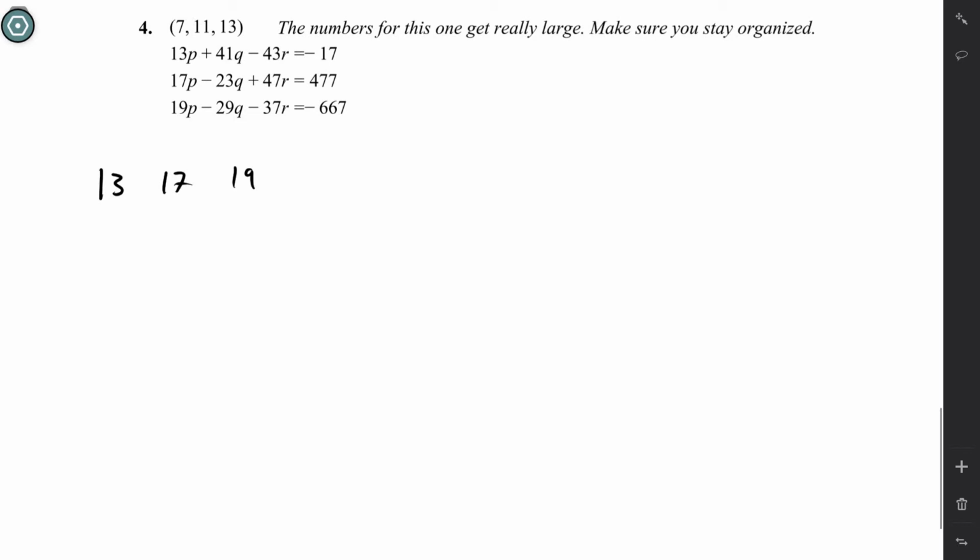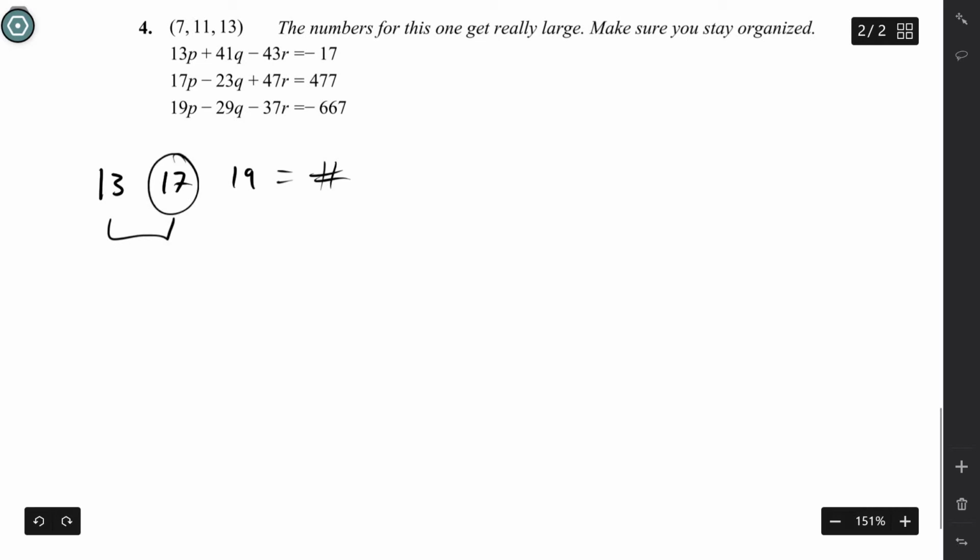Because they have no factors other than themselves and 1, really the only way that we can get these numbers to even get close to each other is to multiply them together. So if we take 19 and multiply it by 17 and 13, we'll get some number. And if we take 17 and multiply it by 13 and 19, we'll get that same number. Same thing with the 13. If we take 13 and multiply it by 17 and 19, we'll get the same number. So that's what we're going to tackle here.